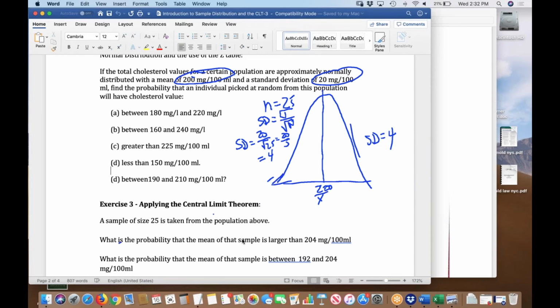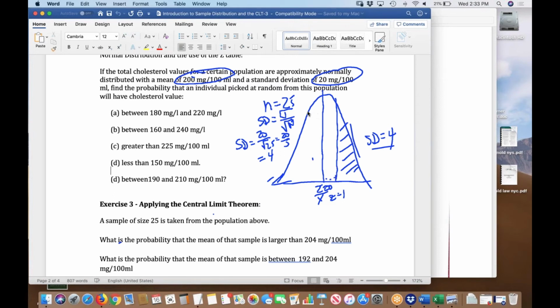So what's the probability that the mean of the sample is larger than 204? Well, 204 is here. 204 is one standard deviation above the mean for the samples. So the probability that we would take a sample of size 25 from this population and get this is this area in here. I should be able to figure it out pretty easily because it came out to be exactly one standard deviation.